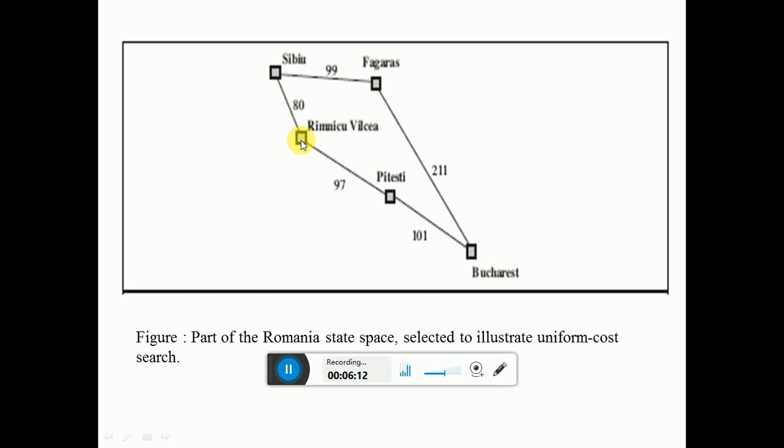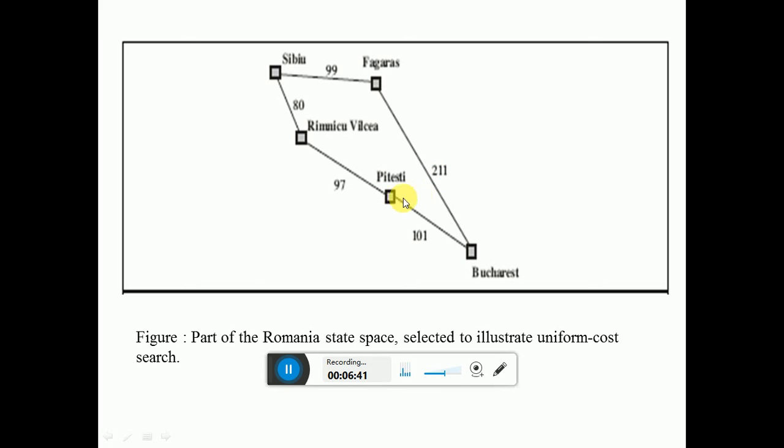This is what? Expand this Rimnicu Vilcea. Then this distance is what? 80. Then further you can expand to the Pitesti. This what distance? 97 plus 80. This is what? 177. And from this Fagaras, if we expand further, the total distance from CBU to Bucharest is 99 plus 211 is what? 310.